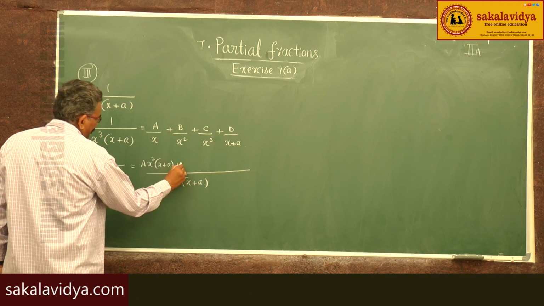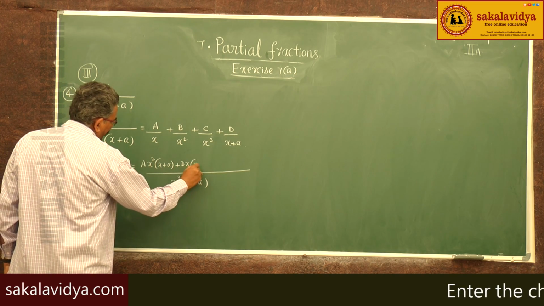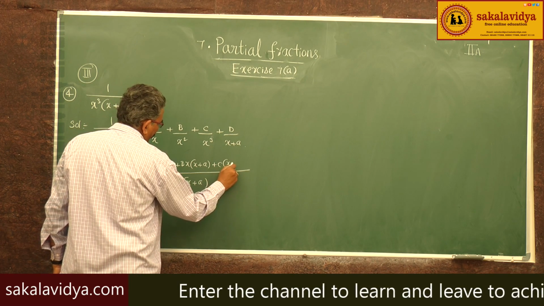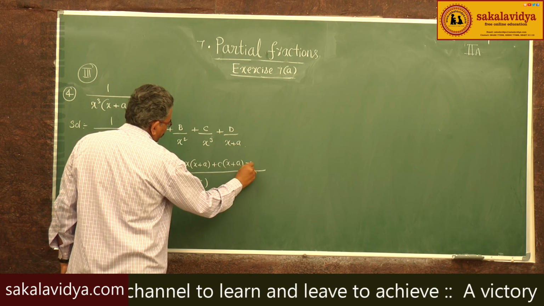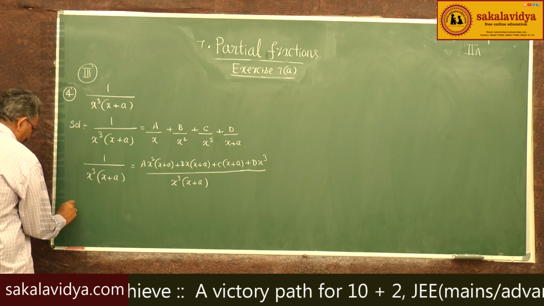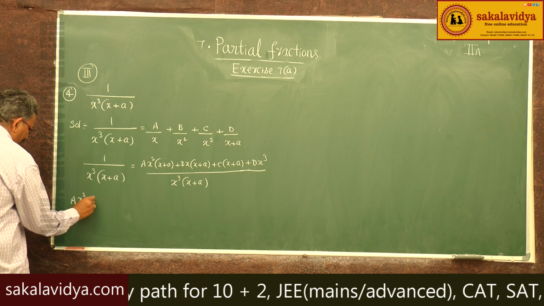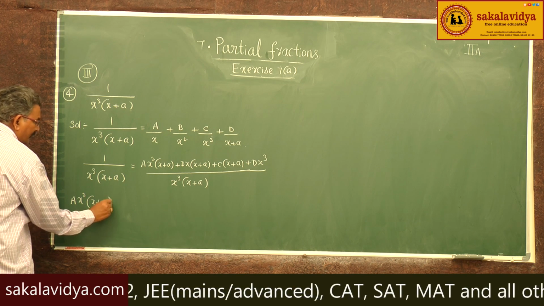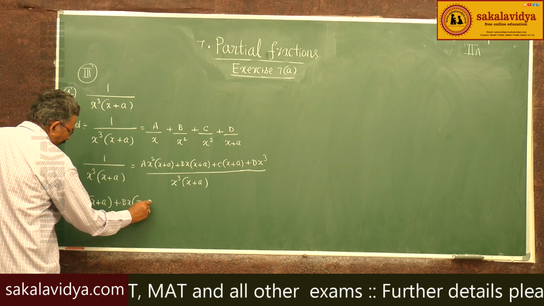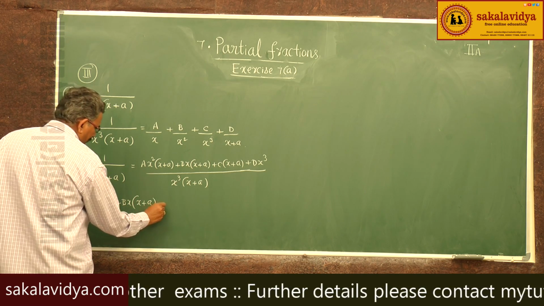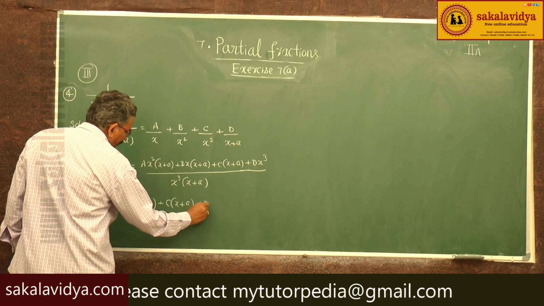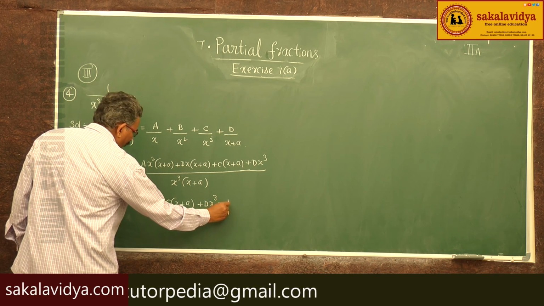This divided by this, b x of (x plus a) plus c of (x plus a) plus d x cube. This gets cancelled. So, a x square of (x plus a) plus b x of (x plus a) plus c of (x plus a) plus d x cube equals 1.